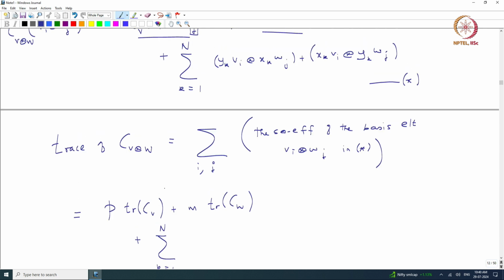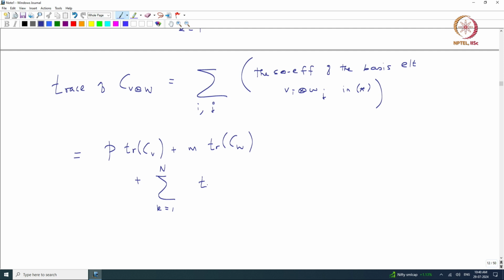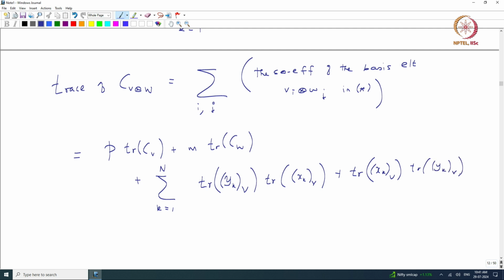Here you will be getting the trace of yk, and here the trace of xk. It is a product because it is a tensor product. So, this is exactly the trace of yk_V times the trace of xk_W plus the trace of xk_V times the trace of yk_W. This is what we get from this base.